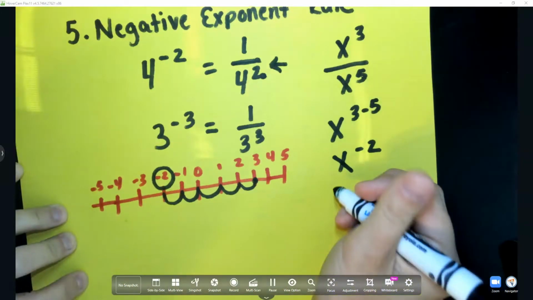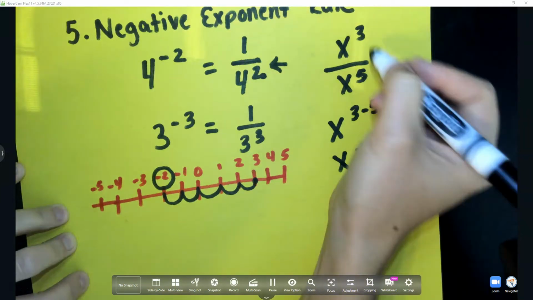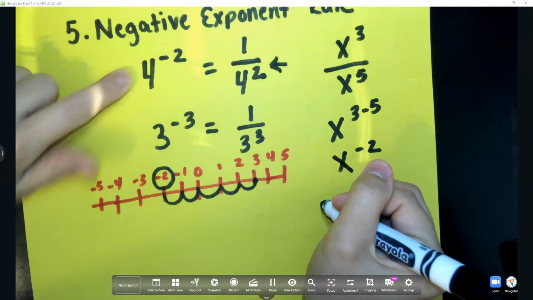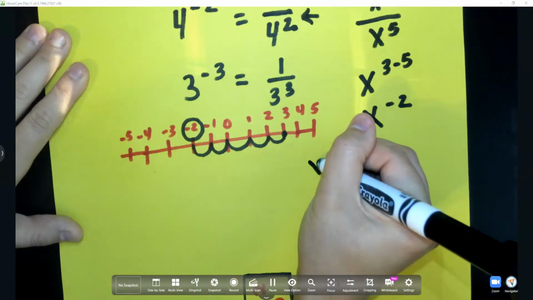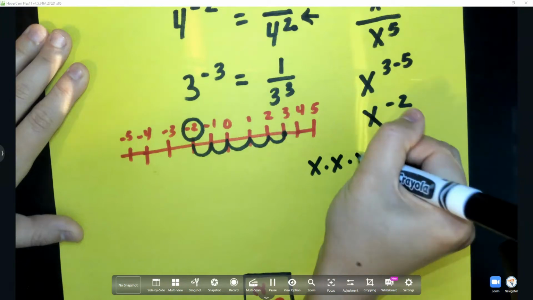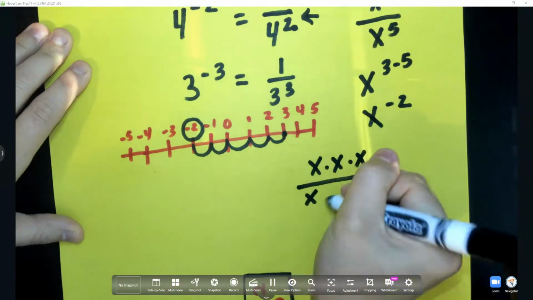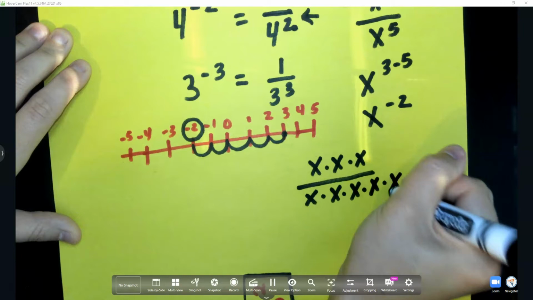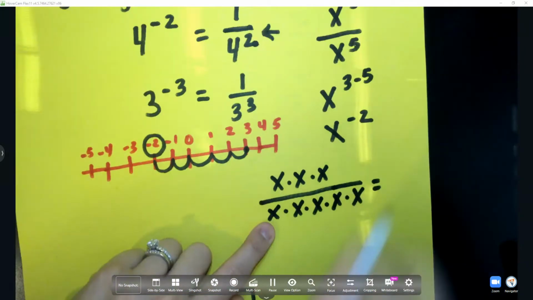Let's draw that out. X to the third over x to the fifth. Let's see how the negative exponent rule makes sense. I have x to the third on top, so that's x times x times x over x to the fifth. X times x times x times x times x. Okay, now remember, for every one that's on top, you can take away one on bottom.